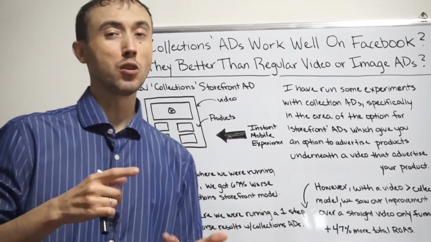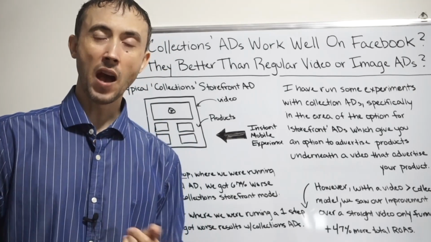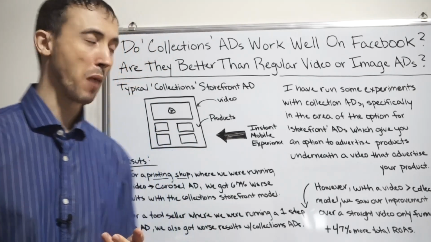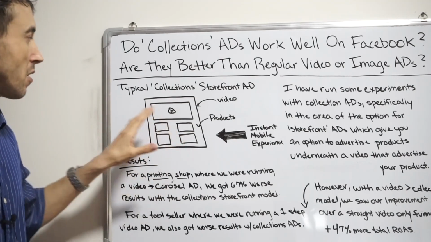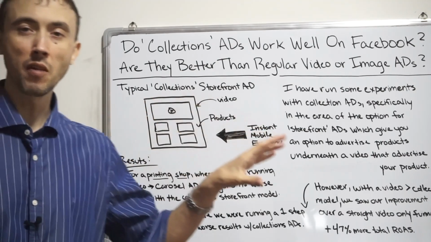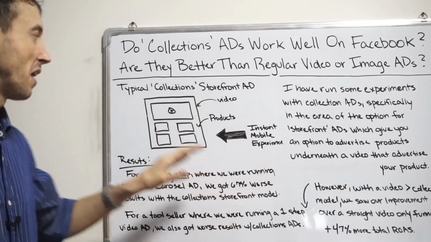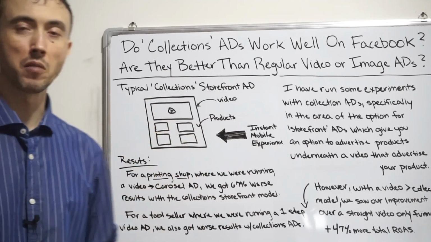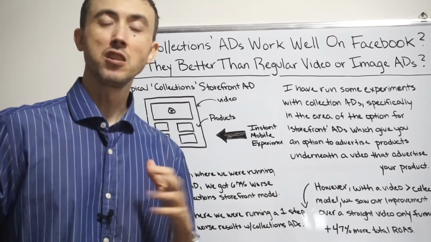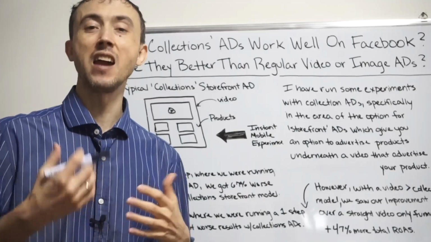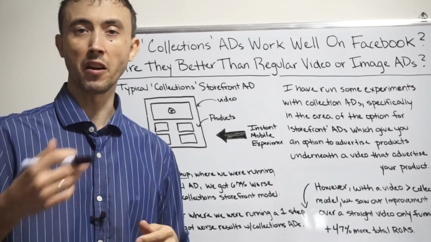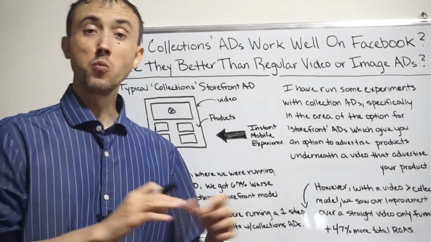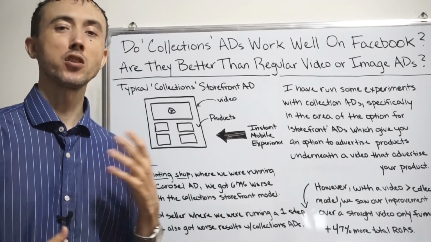So that actually shows two things. A two-step sale generally works better, but in general, if you're doing video ads, you should probably stick with the video ads and not have the product showing, because you're going to build up more demand, if you will, desire for that product or service, than you would having those products showing next to the video.